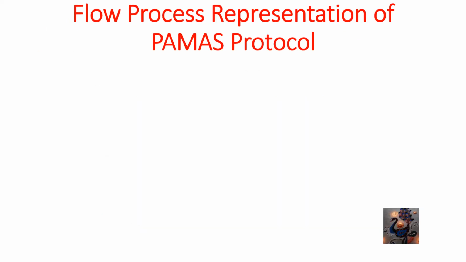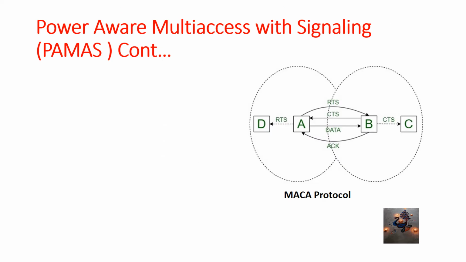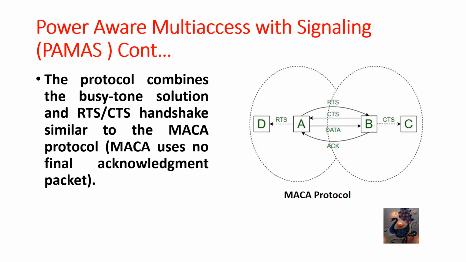Here is a representation of the PAMAS protocol flow process. The PAMAS protocol combines the busy tone solution and the RTS-CTS handshake similar to the MACA protocol. MACA uses no final acknowledgment packet.